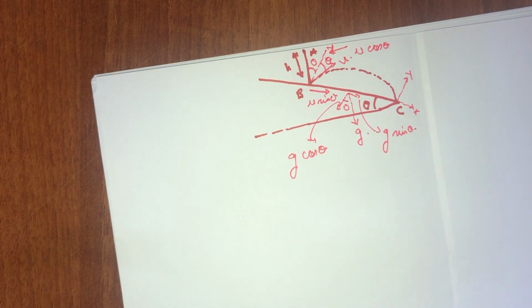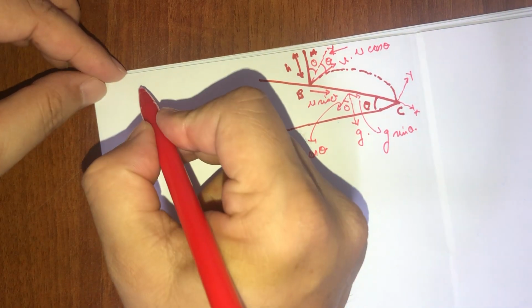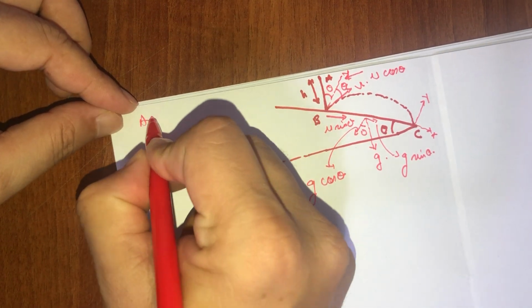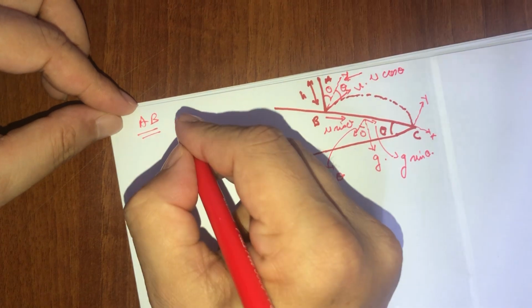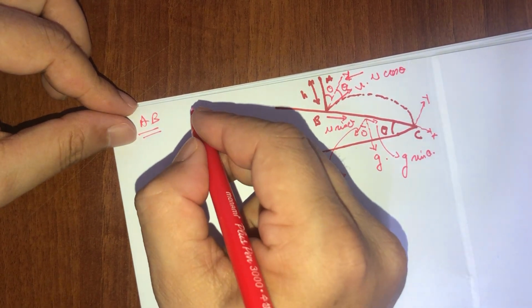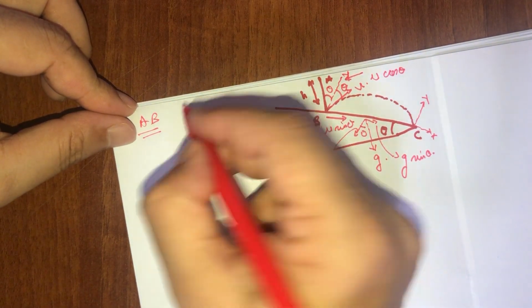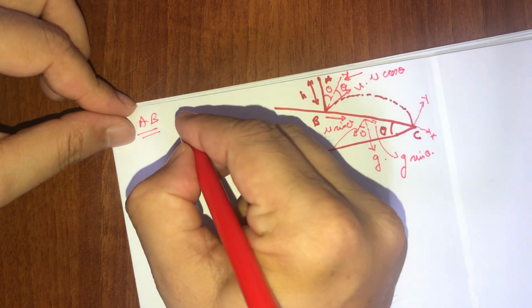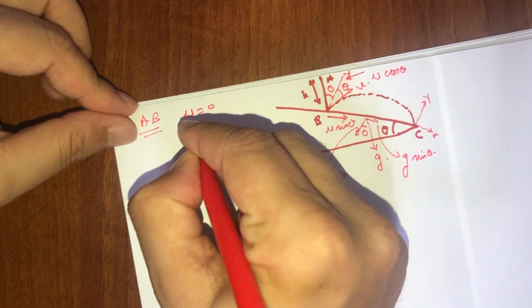So first of all, let us find out for path AB. We can say that as the ball is dropped from A, the initial velocity will be equal to 0.